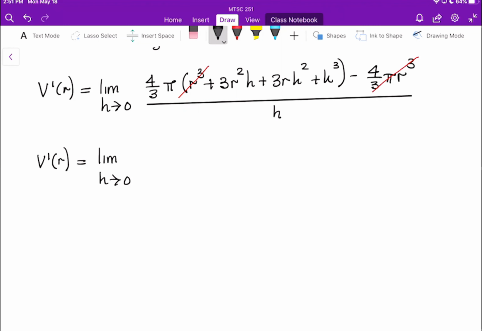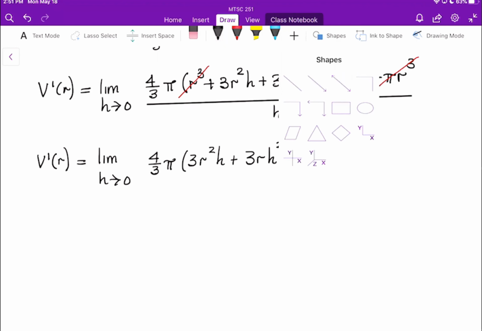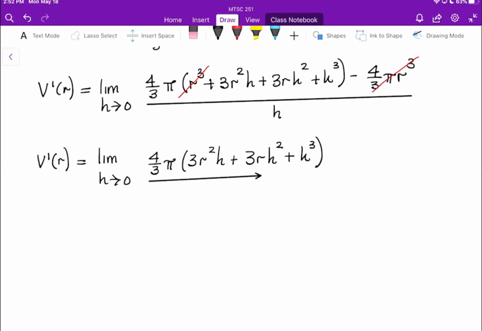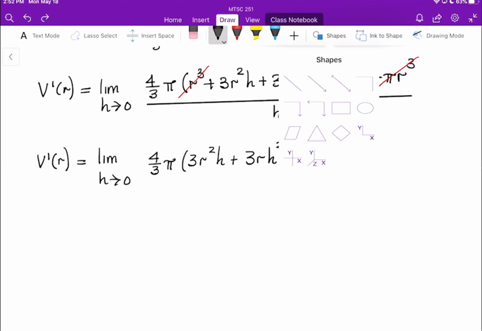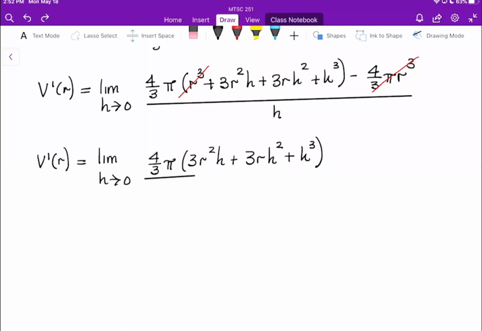And so we get 4/3 pi. Then we're going to get 3r squared h plus 3r h squared plus h cubed divided by h.